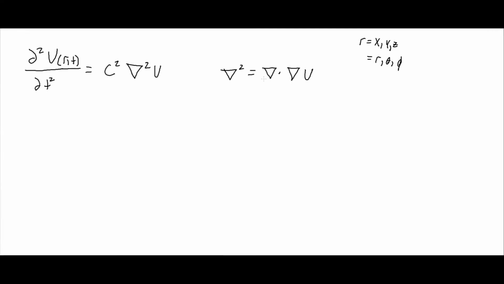Or you can just think about it as the second partial derivatives. And so if we're in, say, Cartesian coordinates, it would just be the second partial derivative with respect to x plus the second partial with respect to y plus the second partial with respect to z, and this is the Laplacian operator that would be acting on our function here.